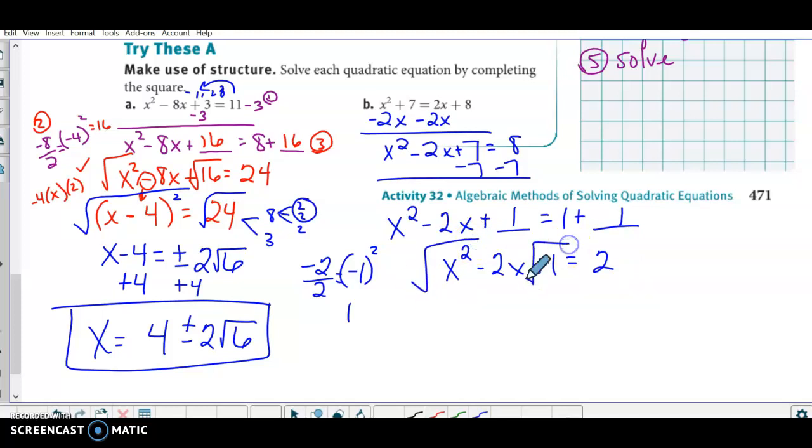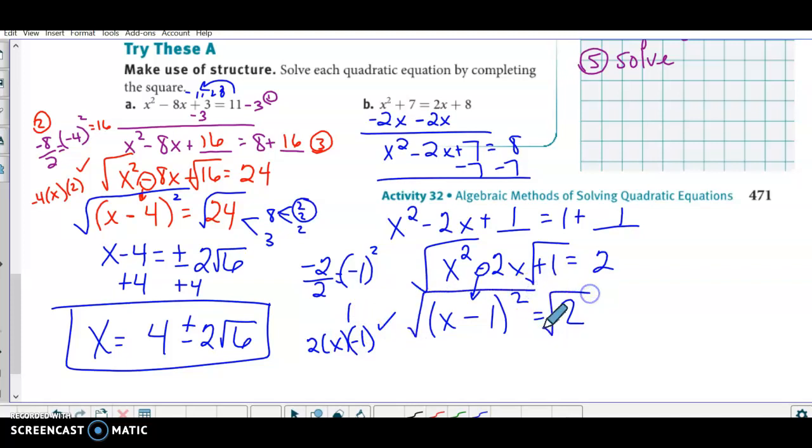Square root of a, square root of c, sign of b, quantity squared equals 2. Double check. 2 times A times C. Yes, that's a negative 2x. And now we can use our square root method. Take the square root of both sides. X minus 1 equals plus or minus the square root of 2.